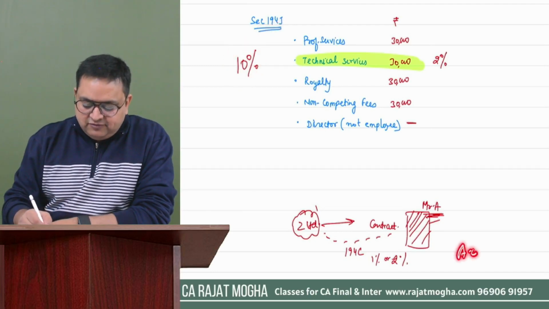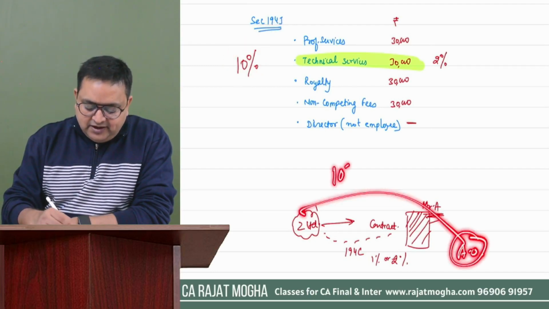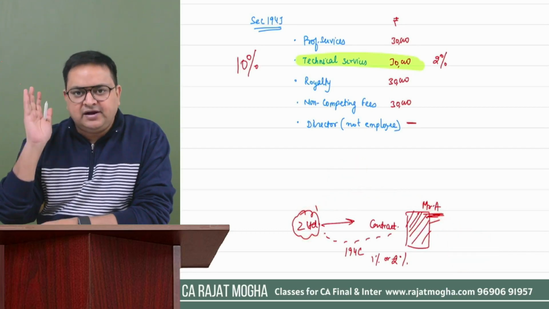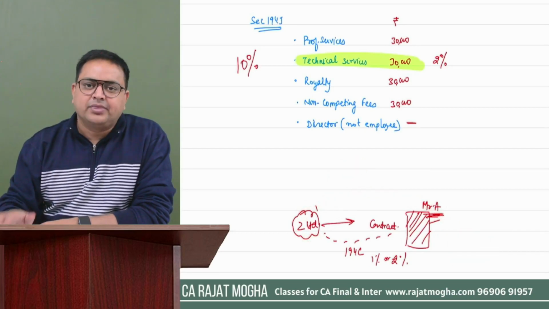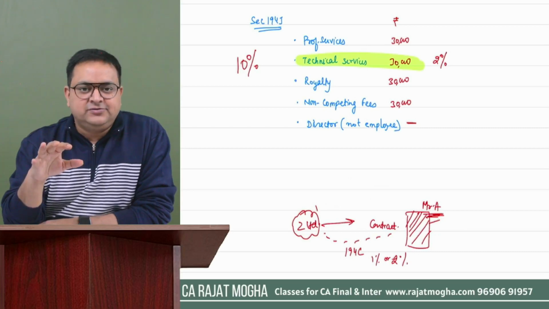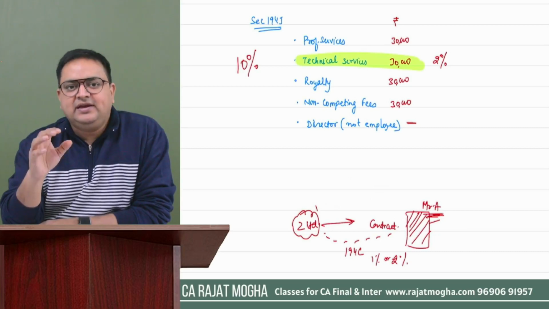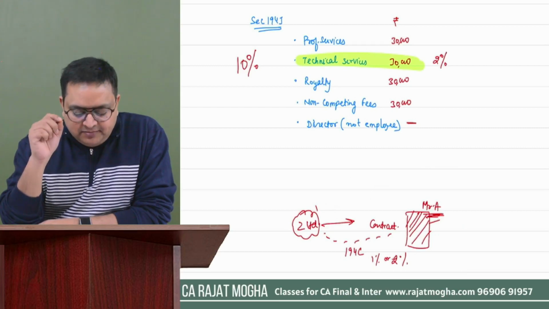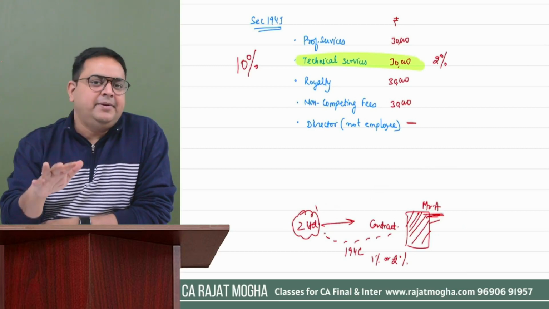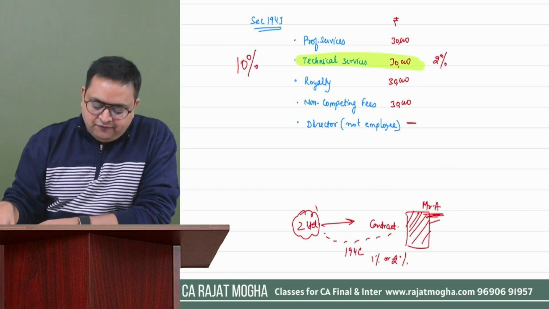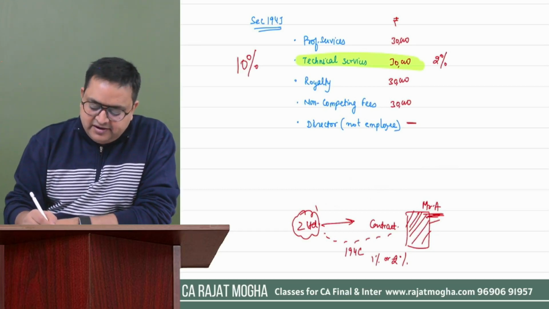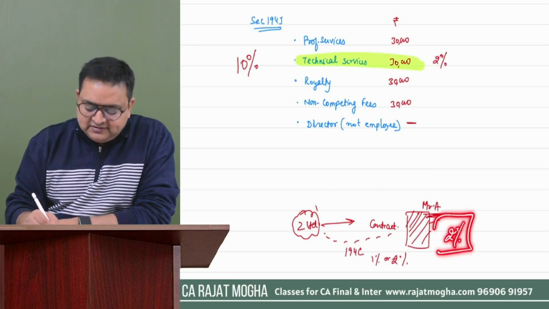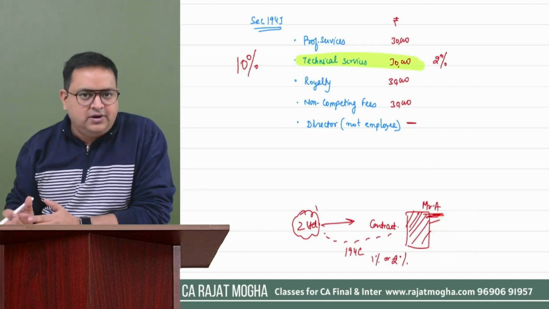So the assessing officer was of the view, deduct TDS at a rate of 10%, but they were of the view, no, we will deduct TDS at a rate of 1% or 2%. So there were so many cases which were piling up in the court. There was so much litigation on this particular point. So what the income tax department did is, they made an amendment over here. They said that, okay, for technical services, we are reducing the rate to 2%. So all these litigations are now on hold, right?